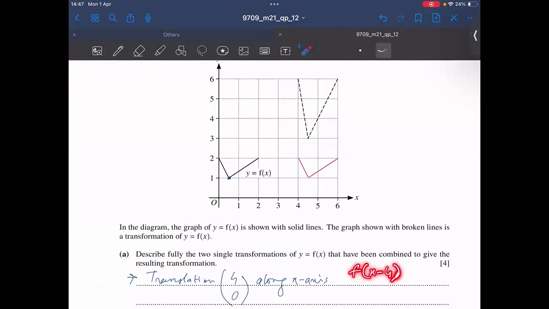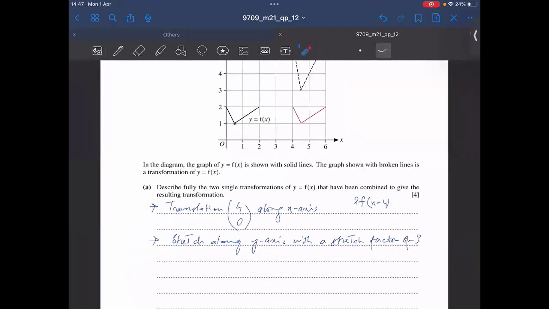All right. And you would have multiplied with 2 times f of x minus 4. All right, Ms. Iman, 2 times f of x minus 4. You would have written it like this. If they would have asked you to write down the function of this transformed graph in terms of f of x, then you would have written it this way. But because you have been asked to describe fully, that's why you need to write it in this way.